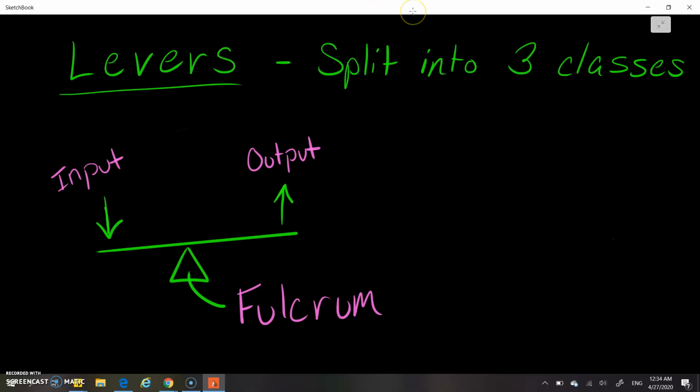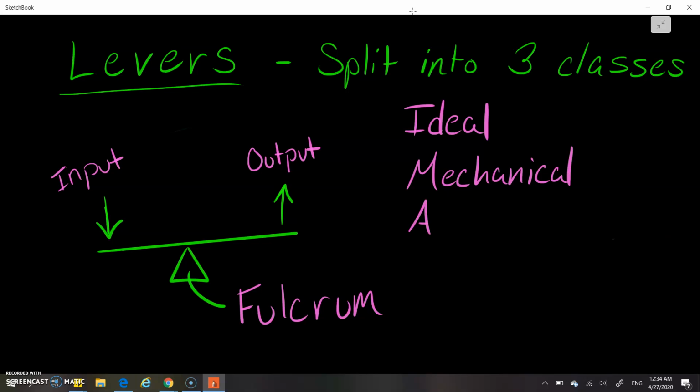And with all of this, something that we're going to be talking about is the ideal mechanical advantage, or if we take all of these together, the IMA.